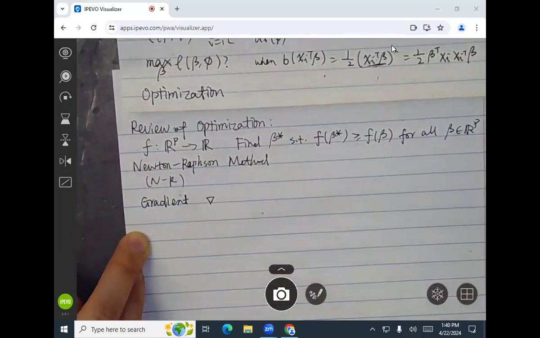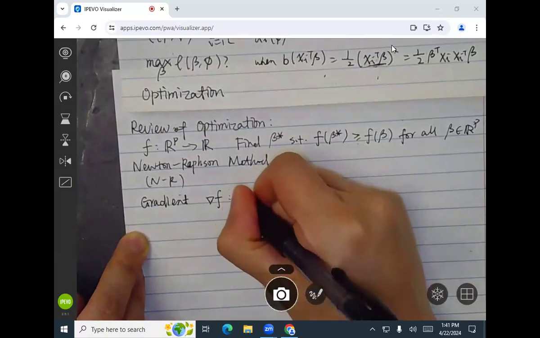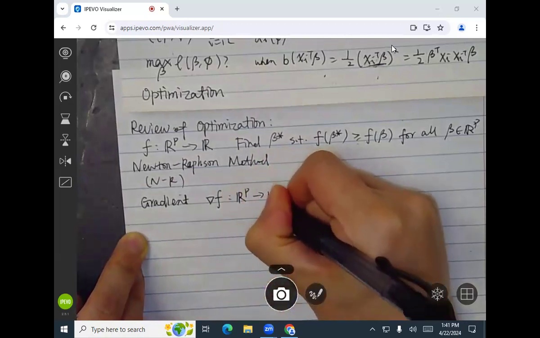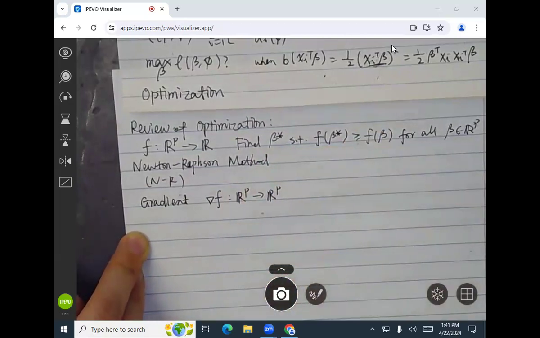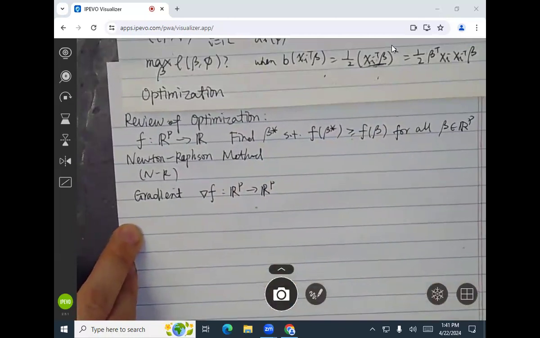It's written as the reverse triangle of f. And this gradient will be a p-dimensional vector. So basically, we'll map R^p to R^p. And what's the definition of it?